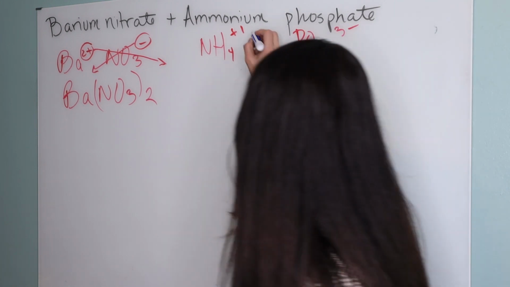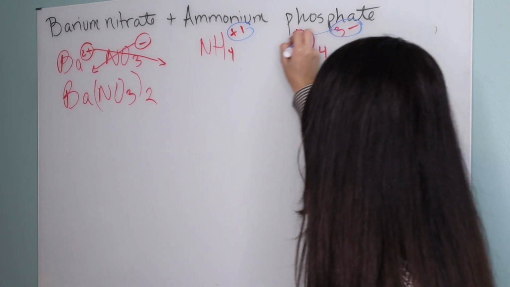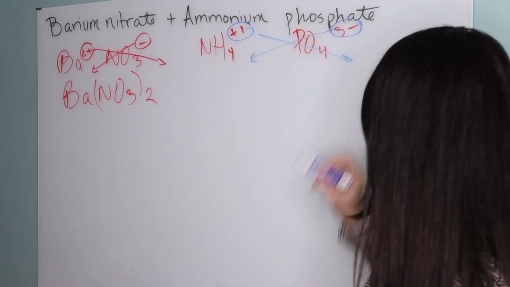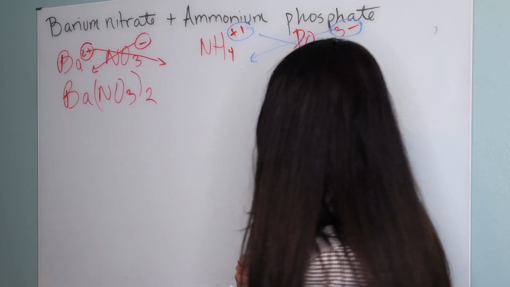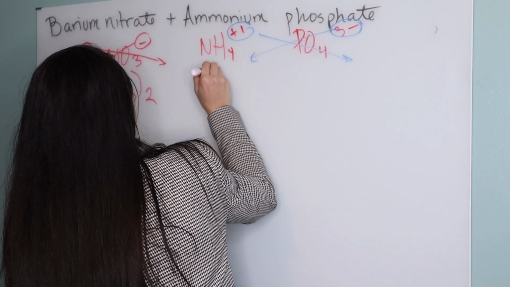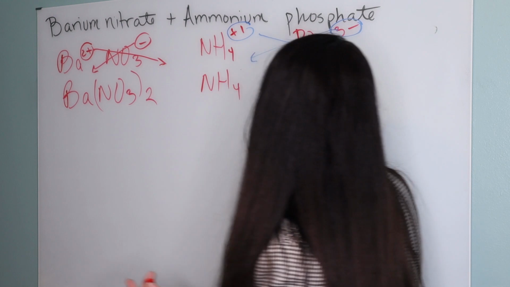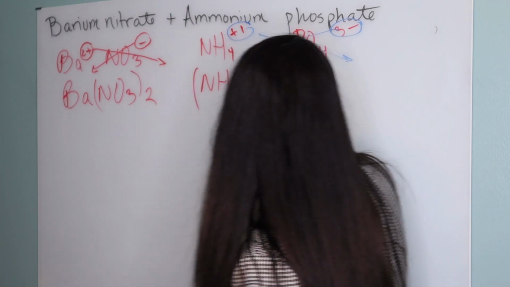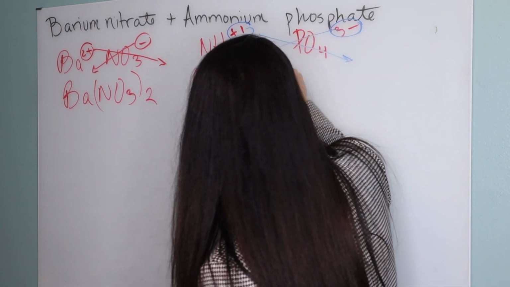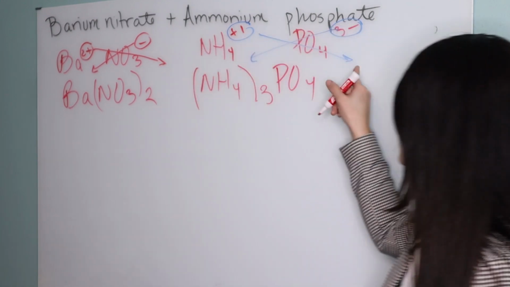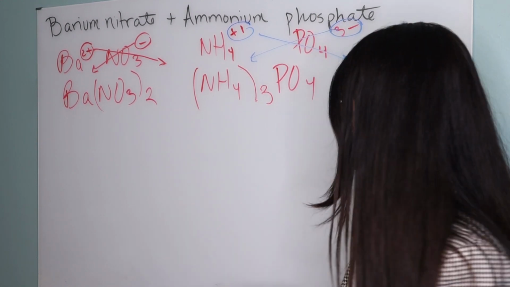You're going to take the charge of each and you're going to go down and across, and your final answer is going to be NH4. Notice how we have a polyatomic ion here, so I need to use the parentheses and have that 3 go down here. Now we have phosphate, and it's just a 1, so there's no need for me to write it down. Therefore, no parentheses are needed.